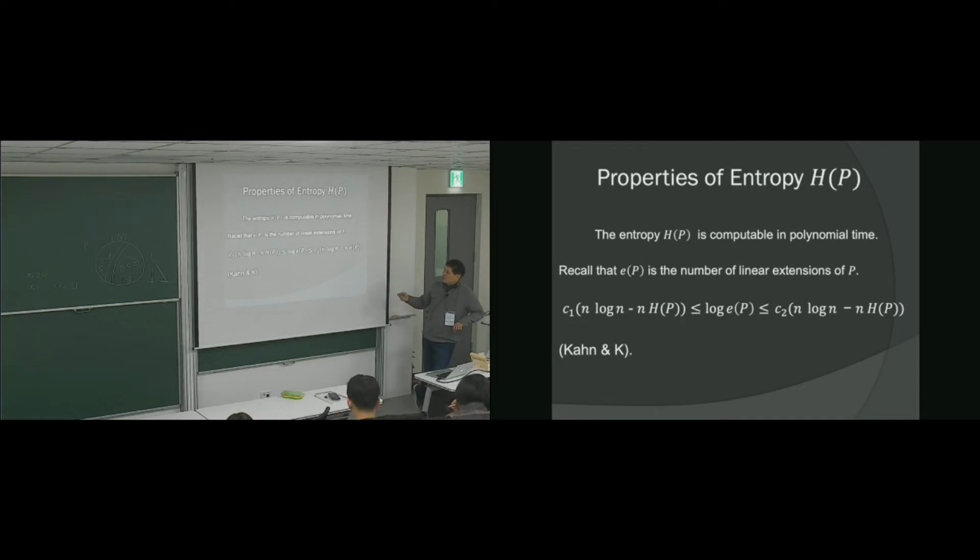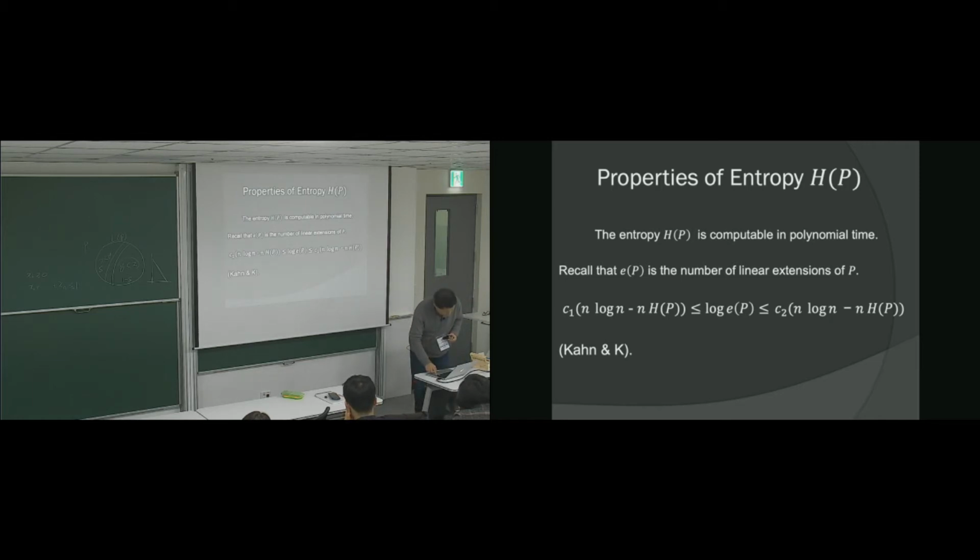As I said, e(P) is not computable in polynomial time. I'm not sure, but at least it's not known. Nobody knows how to compute the number of linear extensions in polynomial time. But everybody, except myself, knows how to compute this one in polynomial time. So instead of using this one, we plan to use this one. That's the plan.